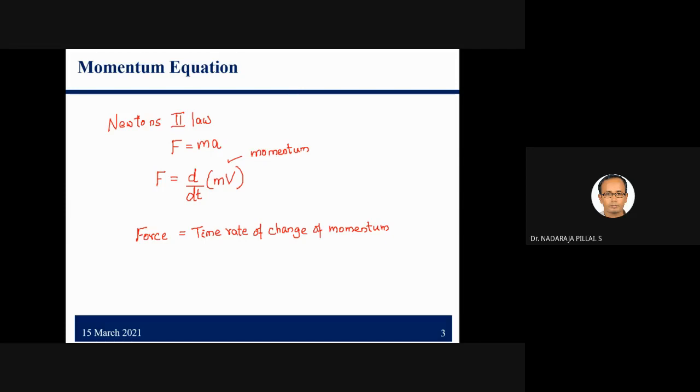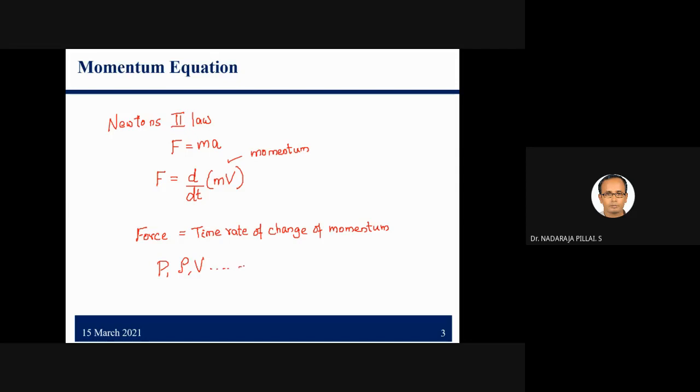Now what we will do is apply this principle to the model of the finite control volume fixed in space. That is what our application is. You are already familiar with the notations like pressure p, density rho, velocity V, and so on.